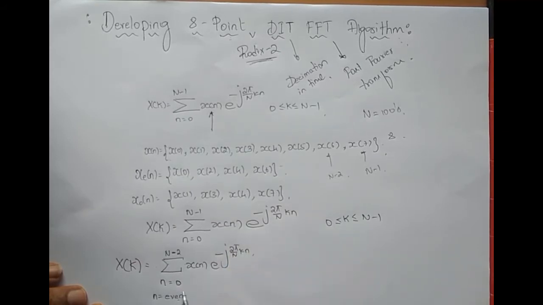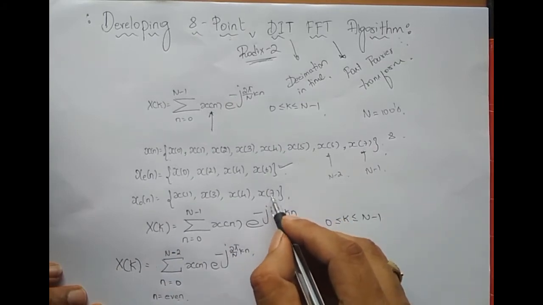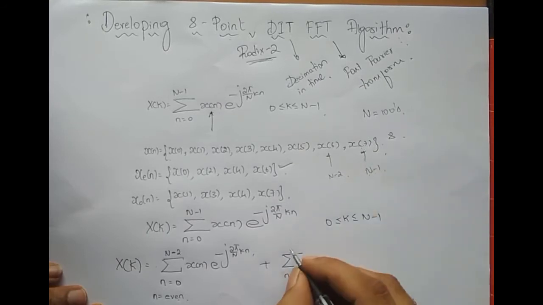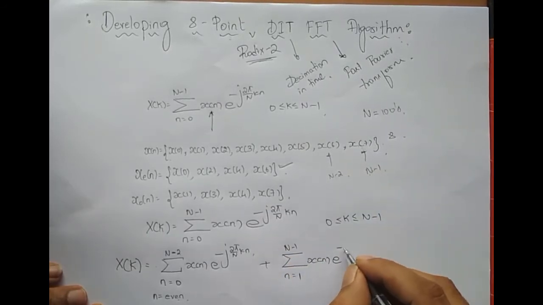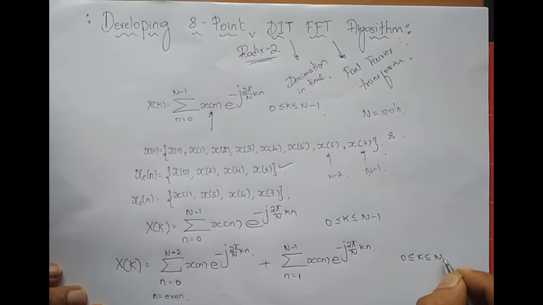This is for the even sequence, plus summation n varying from where to where? 1 up to 7, right? But what is this in terms of N? 7 is the last sample, which is N minus 1. So x of n into e power minus j 2 pi by N kn, and k is varying from 0 to N minus 1.